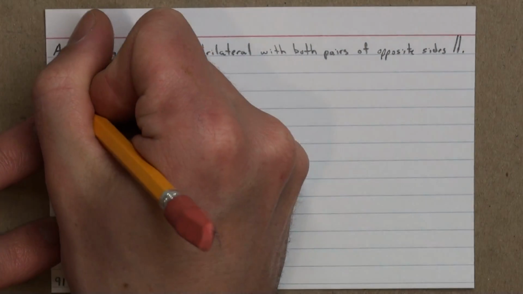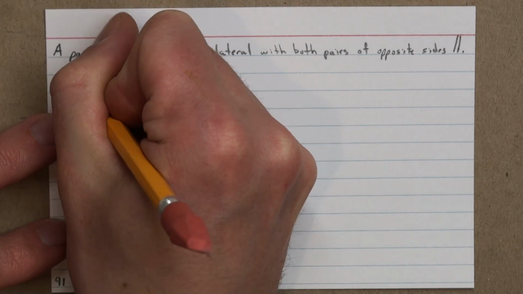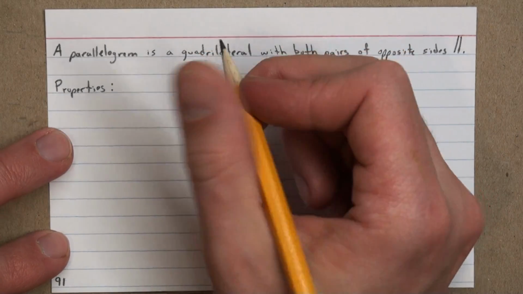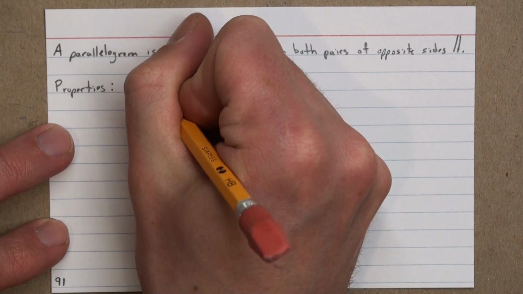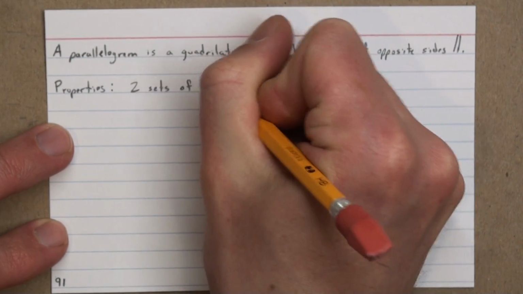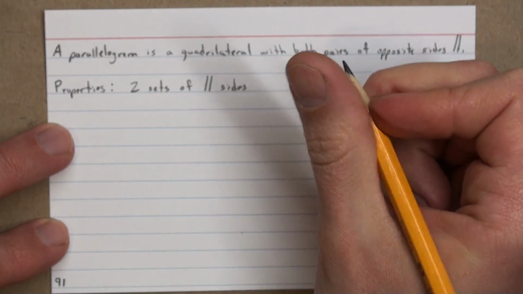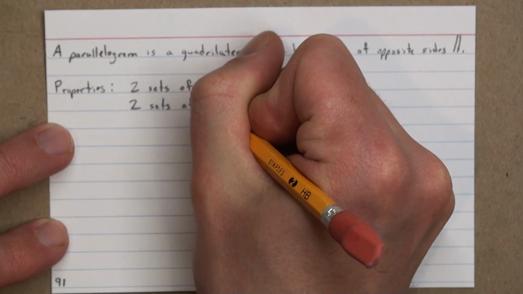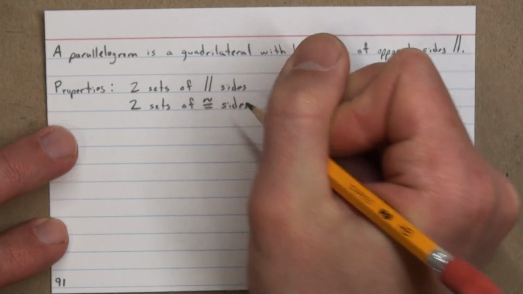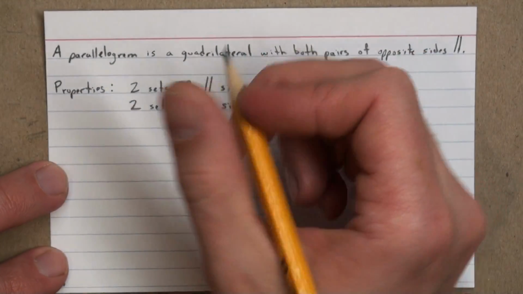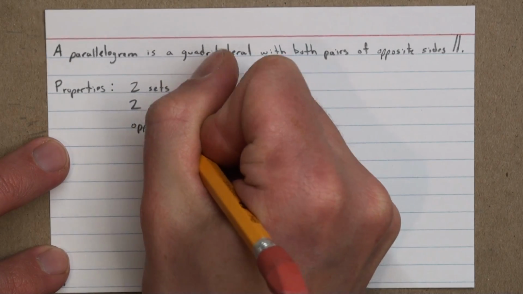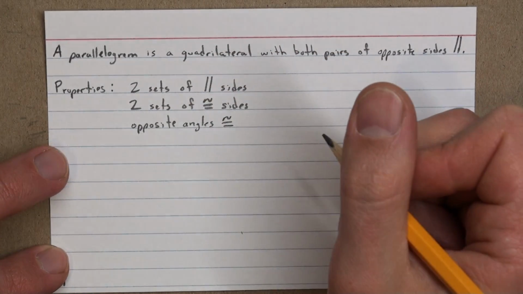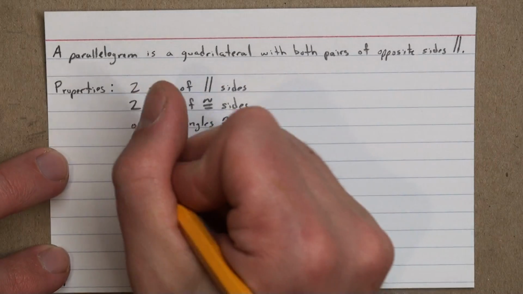Okay, so let's put here properties. Two sets of parallel sides, two sets of congruent sides, opposite angles congruent, consecutive angles are supplementary.